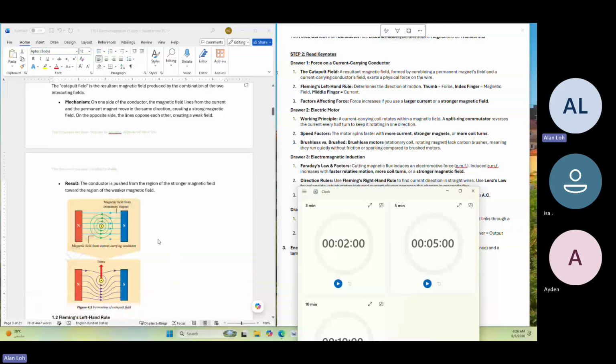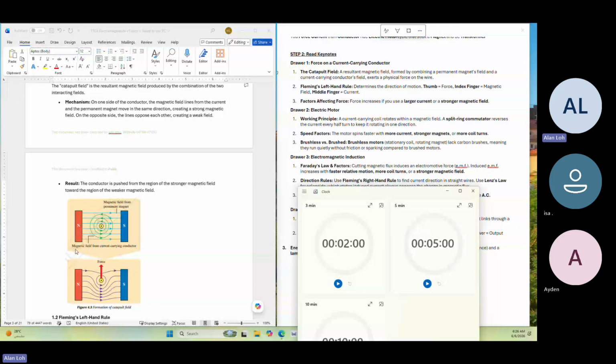You need a bit more imagination on the interaction between the magnet, which is this north and south magnet, and this magnetic field. And then what is this? This is the conductor. A conductor is like copper, right? And it has this electric current, and that is also creating another magnetic field, right?